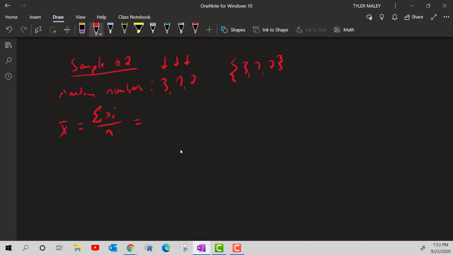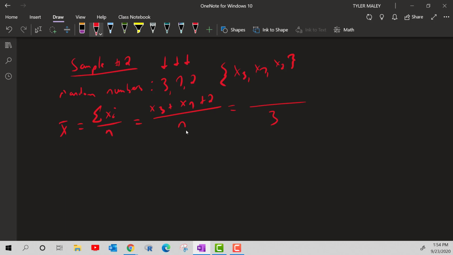What I meant was x sub 3, x sub 7, x sub 2. Those are the only numbers in the sample. So this would be equal to x sub 3 plus x sub 7 plus x sub 2 all over little n, which in this case is 3.